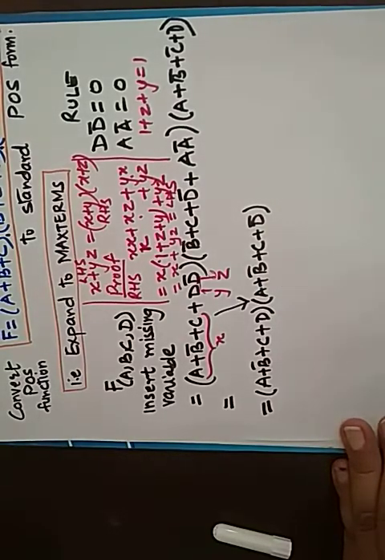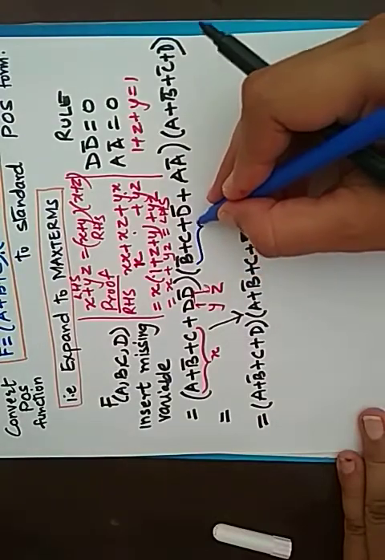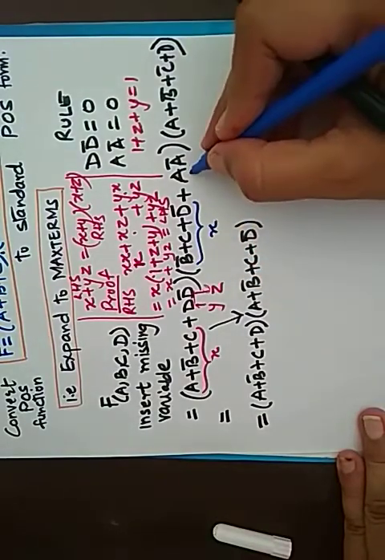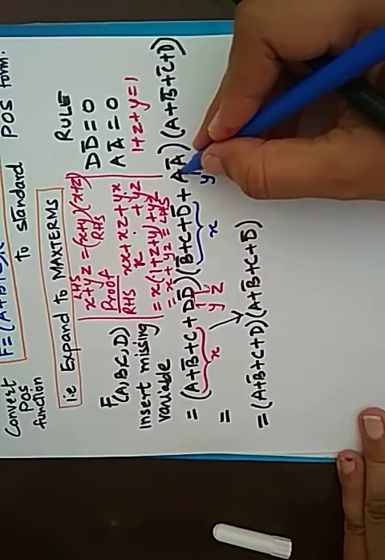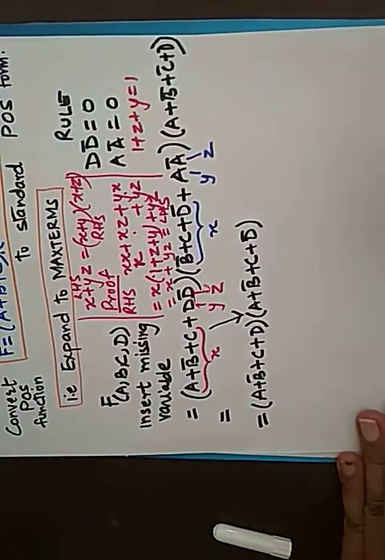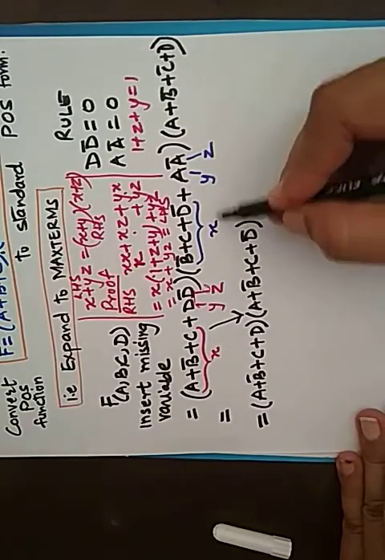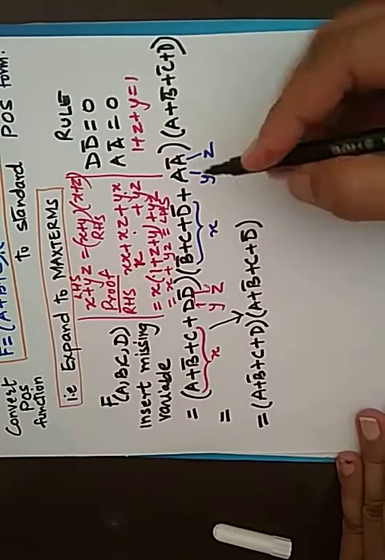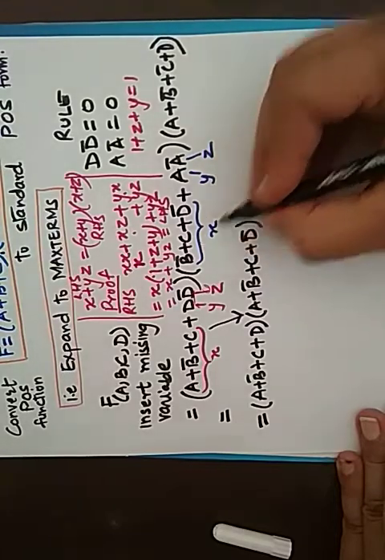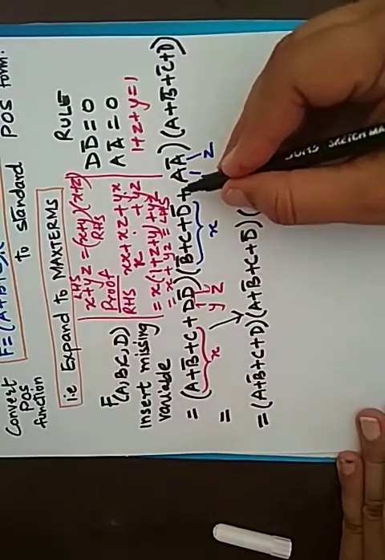Similarly, do for the second term, this one. In this case, this is considered as x, y is considered a, and a bar may be taken as z. Applying the same rule that x plus yz equals x plus y into x plus z. So let us do x is b bar plus c plus d bar plus a.